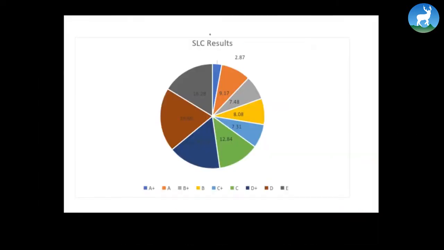Now we have converted that table into a pie chart, and what we have here is the SLC results of the students in the academic year of 2072 and 2073. We have used different colors. Blue is denoting the A plus grade, which is 2.87%.